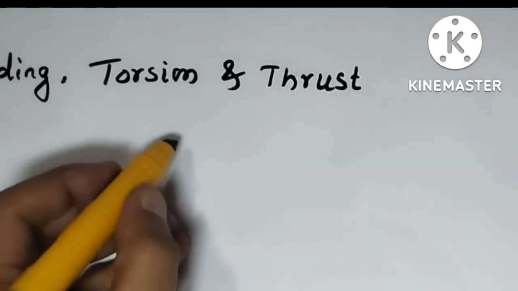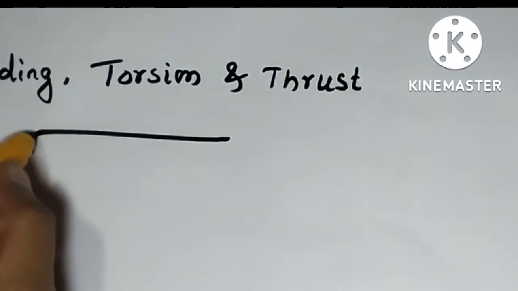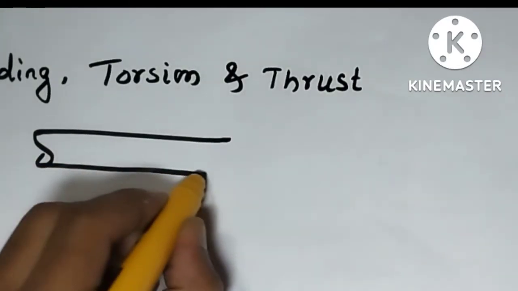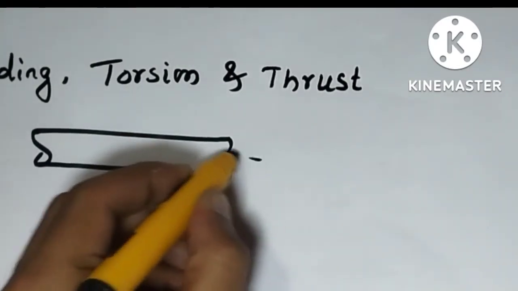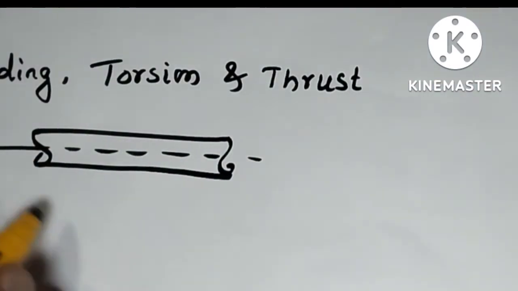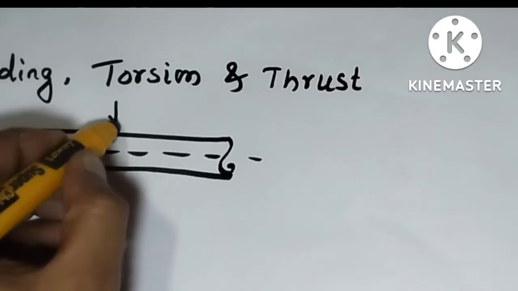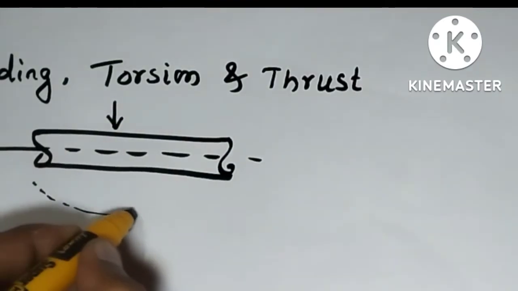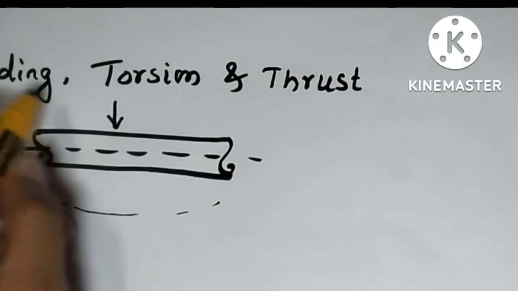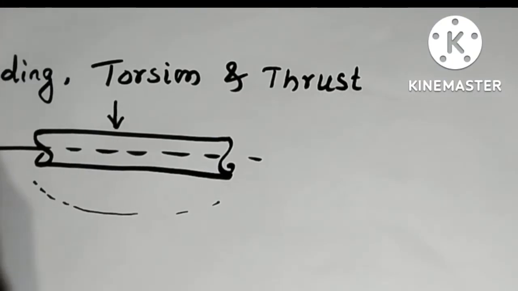For example, if there is one circular shaft, it is subjected to bending moment, like when you apply the load, the curvature can be formed here. So the stress in the material can be a bending stress.